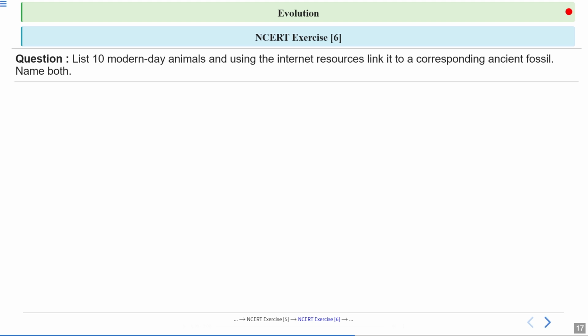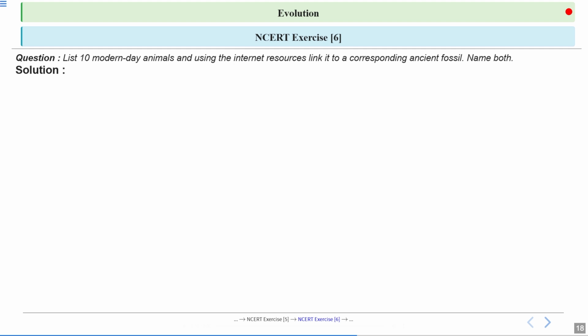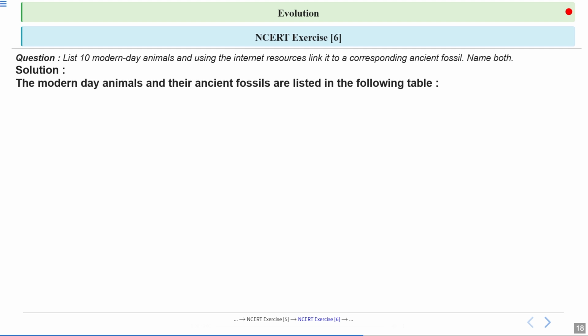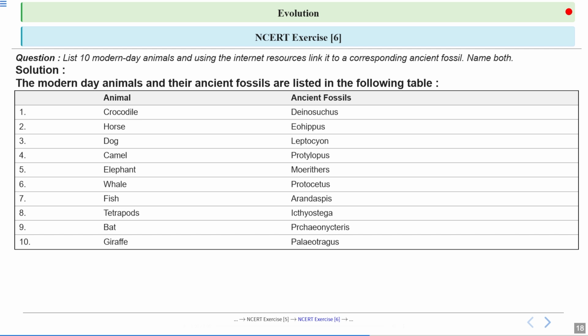So let's have a look at the answer. The modern day animals and the ancient fossils are listed in the following table. So this is the table you can see. For crocodile, the ancient fossil is Dinosuchus. For the horse, it is Eophippus. For the dog, it is Leptocyon.